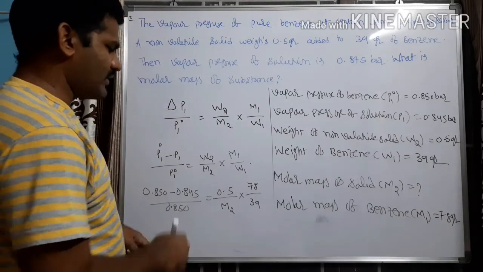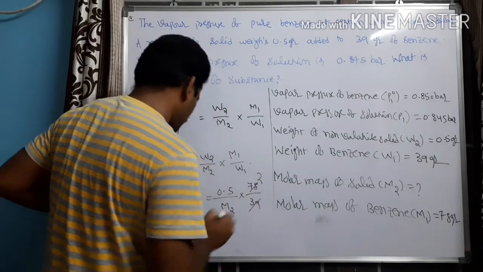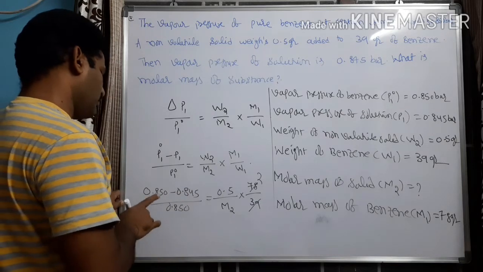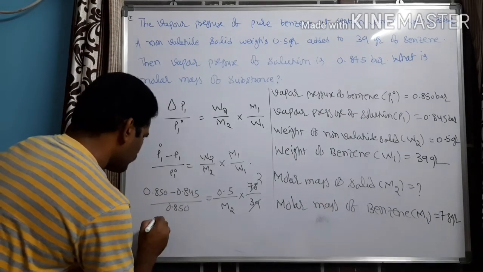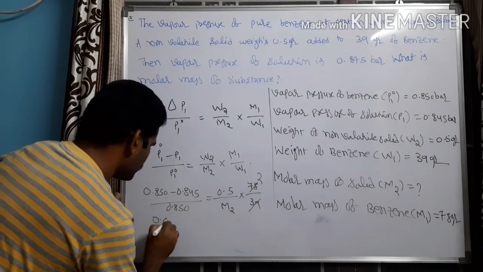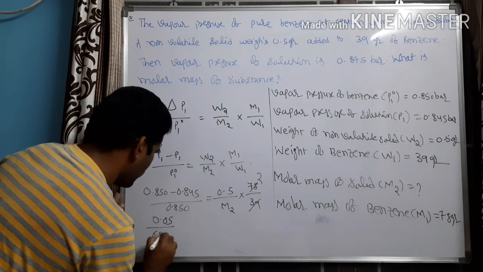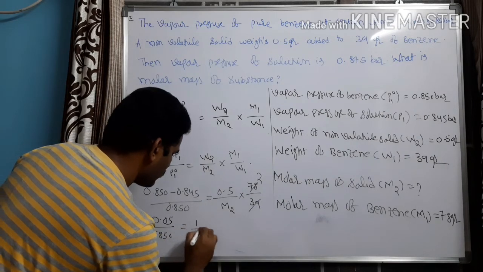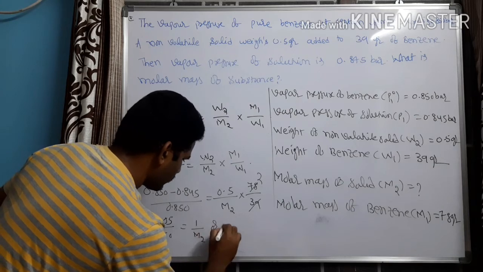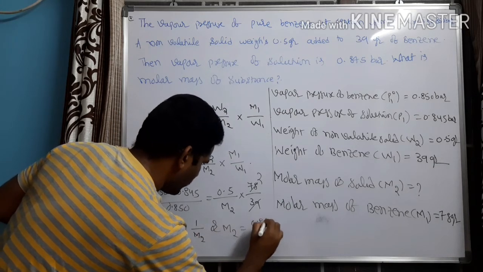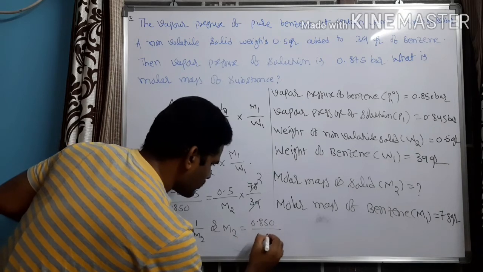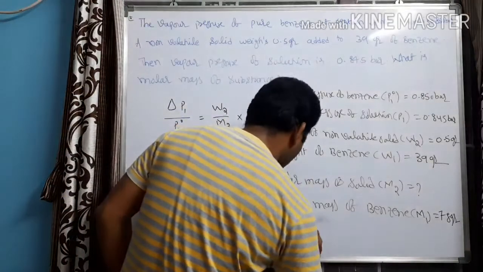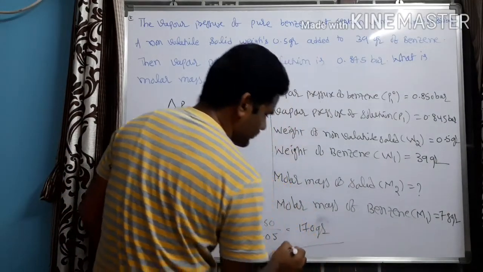If you cancel it, it goes by 2 times. 0.850 minus 0.845 will be 0.05. So 0.05 by 0.850 is equal to 0.5 into 2, which is 1, by M2. So M2 is equal to 0.850 divided by 0.05. If you do it, you will get the answer as 170 grams.